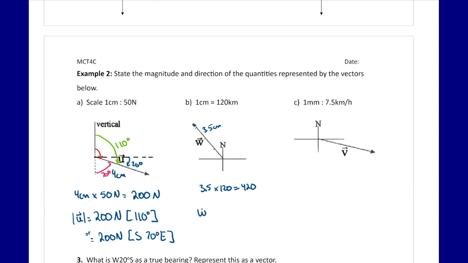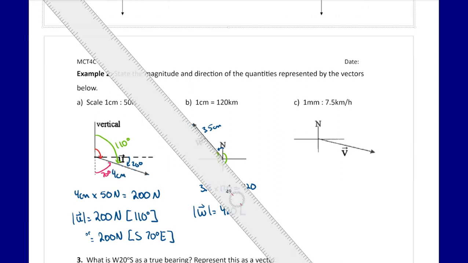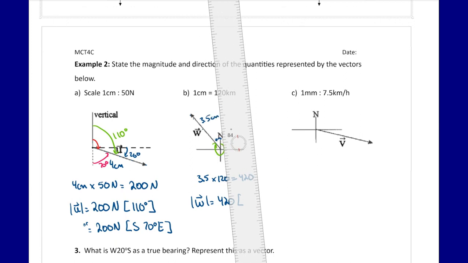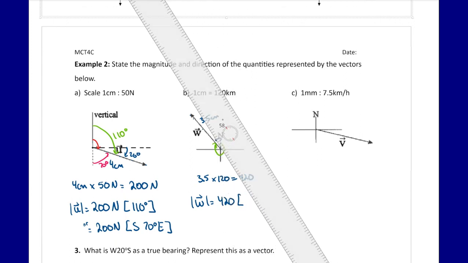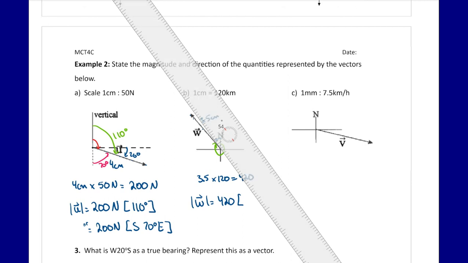So right now I know that my vector is going to equal 420. And then I need a measurement. So I could go from north, right, and work all the way around. I do need to figure out what either this measurement is here or this one here. Either one would work. Let's see what we get with our ruler. Oops. So I'm going to start off here at 90, and if I go back, it doesn't want to go.